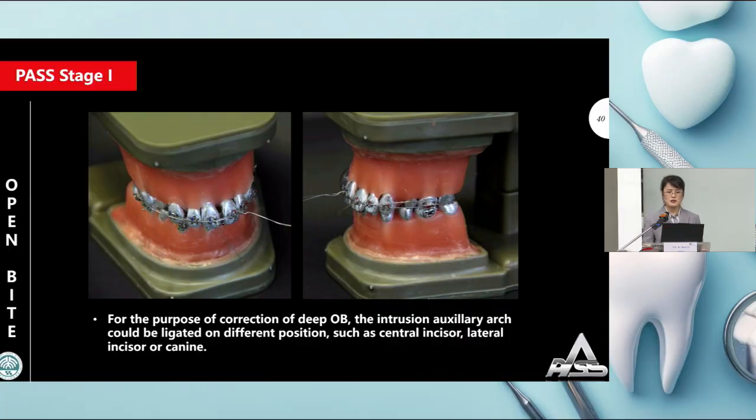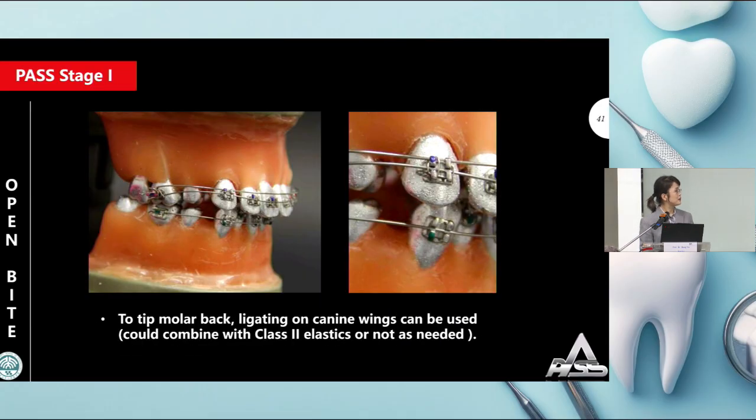For the purpose of correcting deep overbite, the intrusion auxiliary arch could be ligated on different positions, such as the laterals, or the canines, or the central incisors, as we need to open the bite.